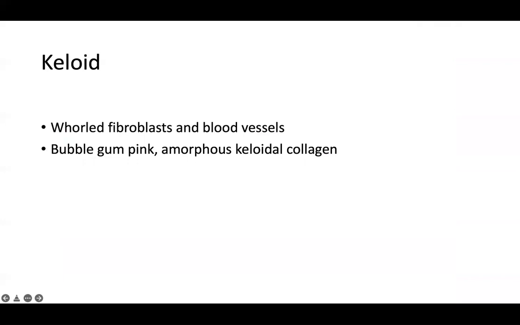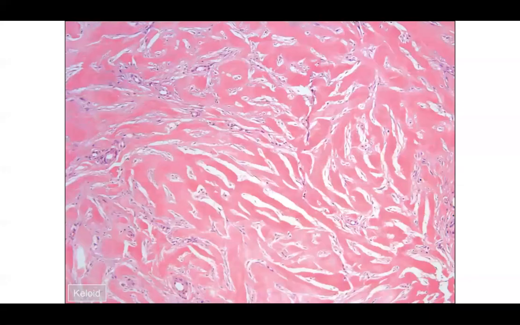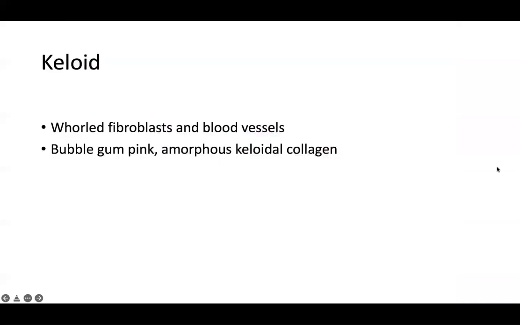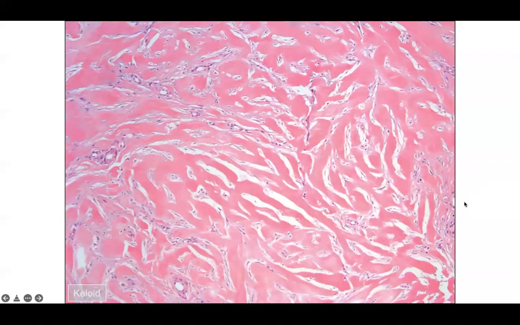Moving on to more of a purely developed keloid, that's where you're going to see the bubblegum pink amorphous keloidal collagen. So this is a really well-developed keloidal lesion here. What you should appreciate is that it's pretty sclerotic in a way. It's got so much collagen, very thick, bubblegum, hot pink nature to it, but there's not a lot of fibroblast cells within this, right?